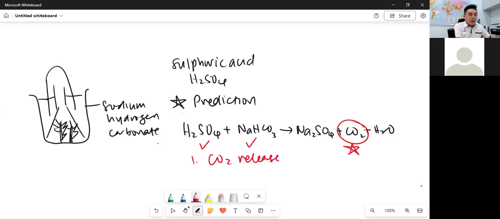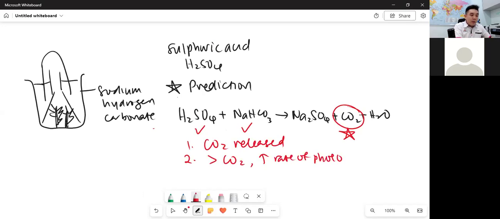And from here, more CO2 will lead to a higher rate of photosynthesis. And due to a higher rate of photosynthesis, therefore, more bubbles will be released by the hydrilla.